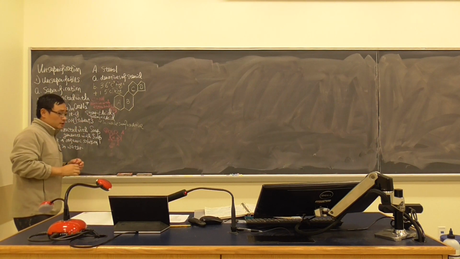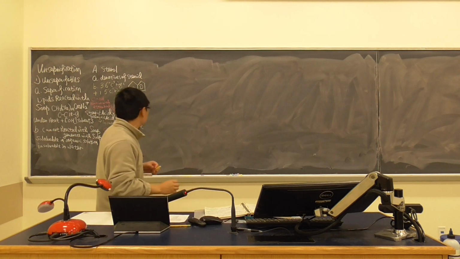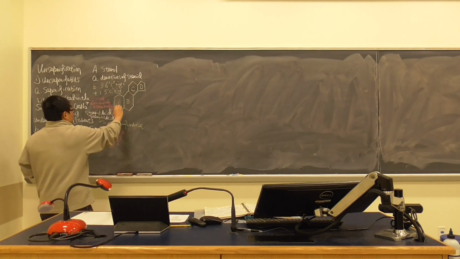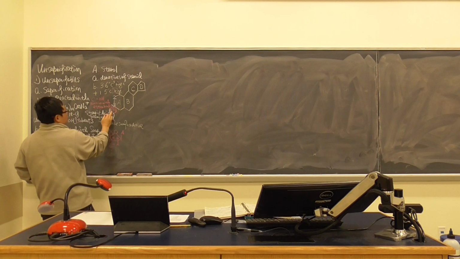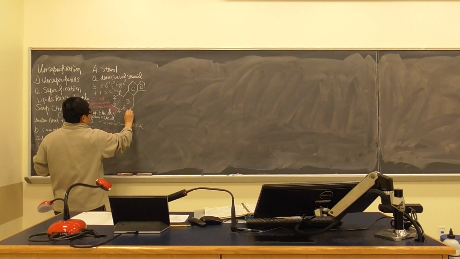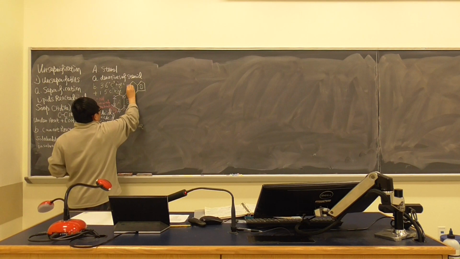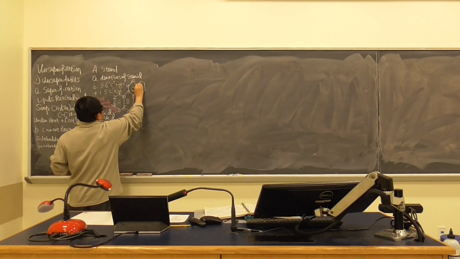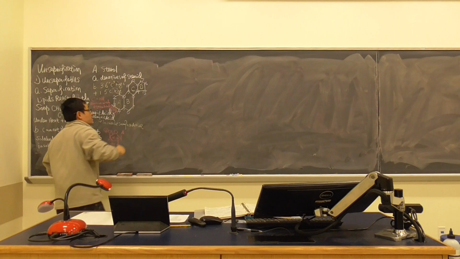Now what we want to mention here is how we label these rings. We start from the top: this is 1, 2, 3. So the hydroxy group is at 3. And then 4, 5, 6, 7, 8, 9, 10, 11, 12, 13, 14, 15, 16, and 17.